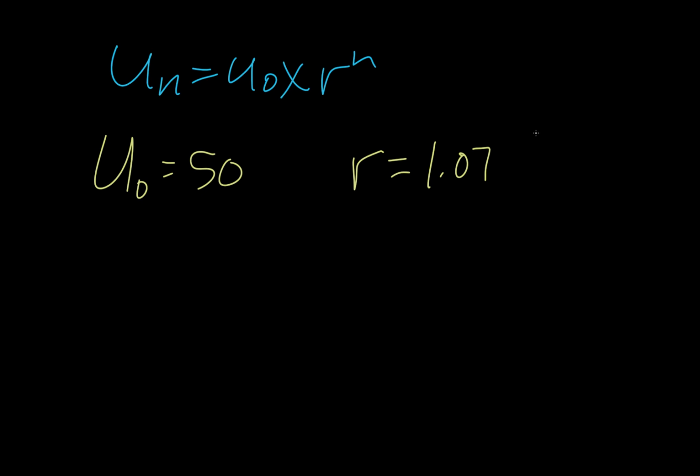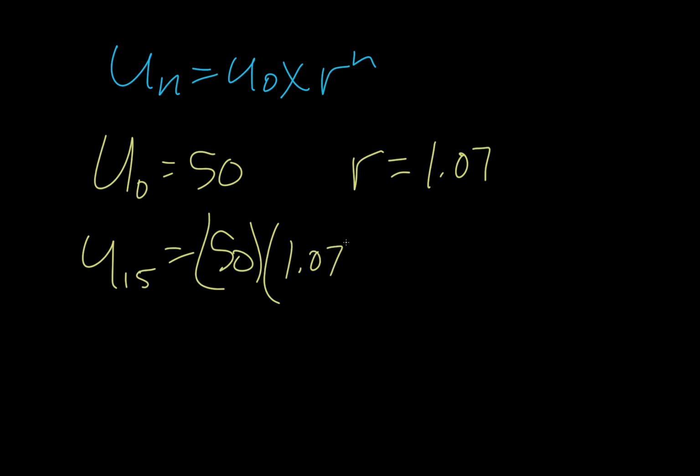Now, it says how many rabbits were present after 15 weeks. So 15 is going to be our n value. So we're going to say U sub 15, the initial amount, which is 50, and then we're going to multiply that by the rate, and then we're going to raise that to 15.